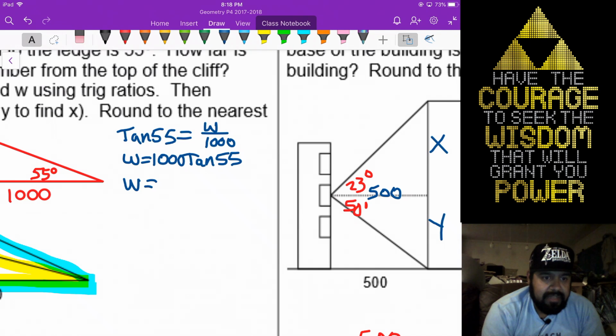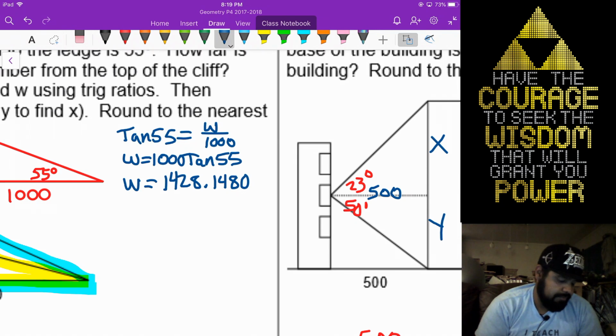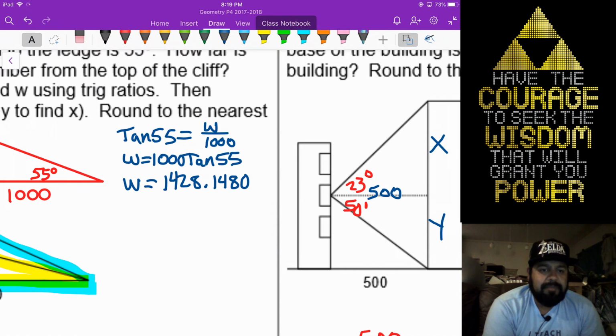So, Nick, you got W. Alyssa, make sure you get that answer, because that looks correct. Oh my goodness, I wish I could see your calculator. There's usually a button at the top that says mode.